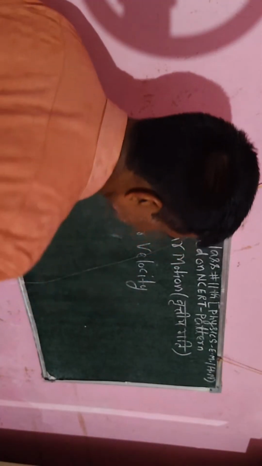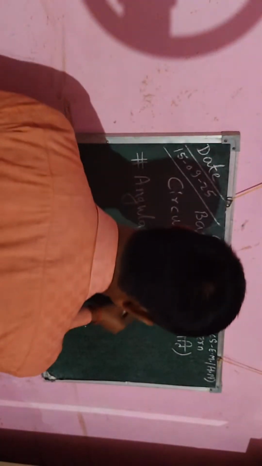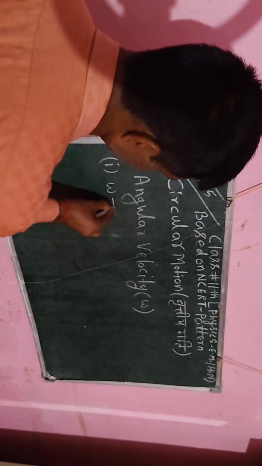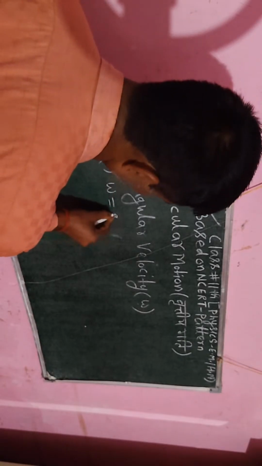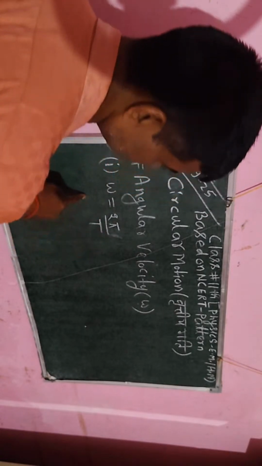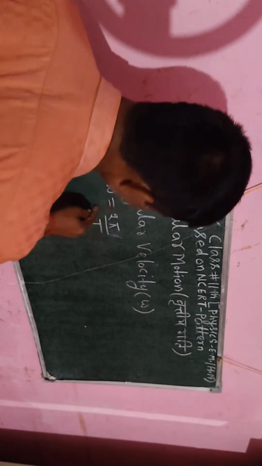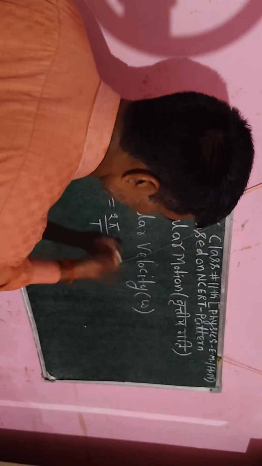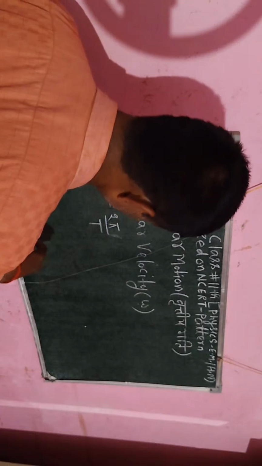Angular velocity is written with omega. So here I will say this angular velocity is written as 2 pi divided by t, where t is the time of a particle which is moving on the periphery of the circle.